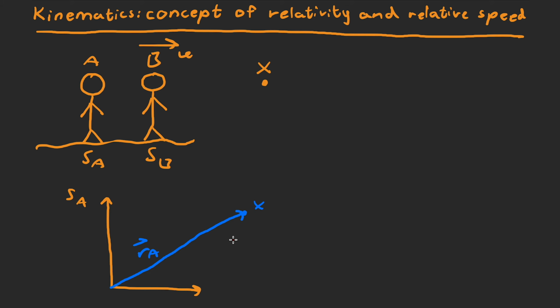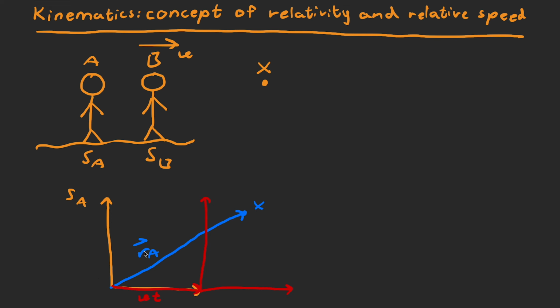And SB, on the other hand, will be moving relative to SA with a factor such as this, V times T, because in every different frame, B will be moving a little bit more to the right by this factor right here.